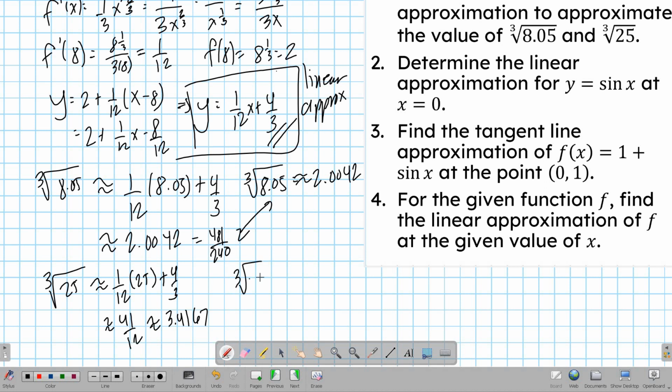The exact value of cube root of 25 in decimal form, if we look for it in the calculator, is 2.9240, which is pretty far from what we have here. That indicates that the linear approximation only works for values close to where we find the tangent line. The farther your x values are from the point of tangency, of course, the farther the approximation would be.